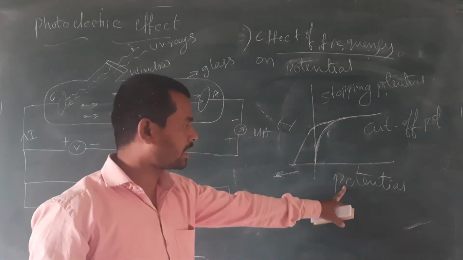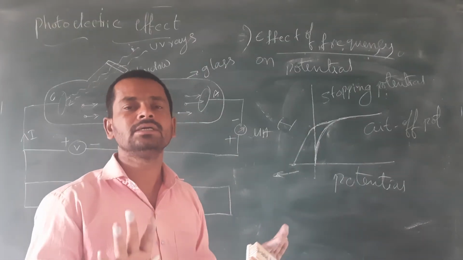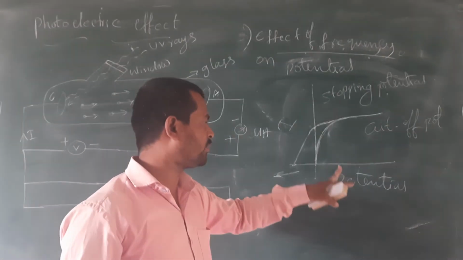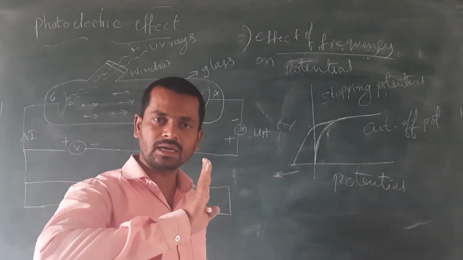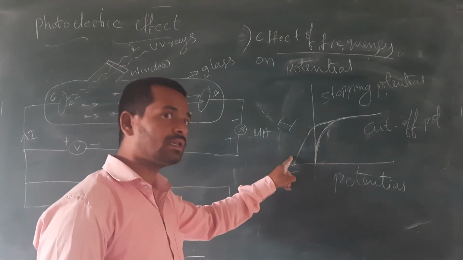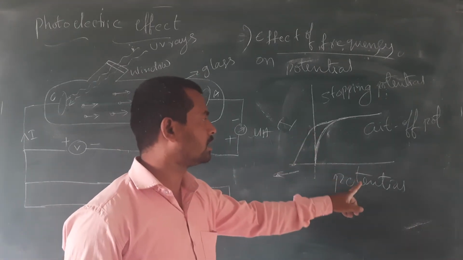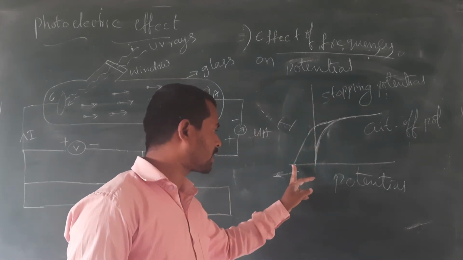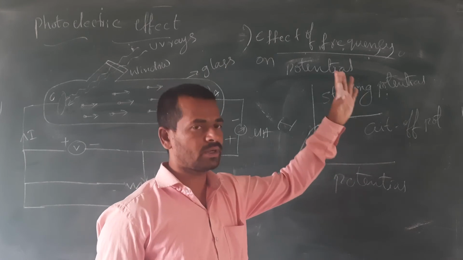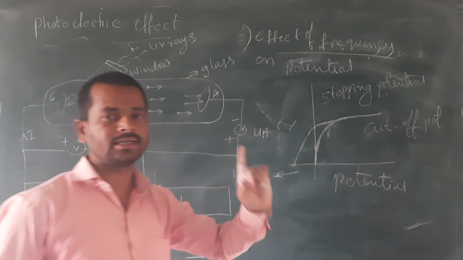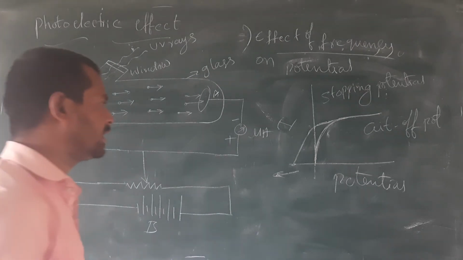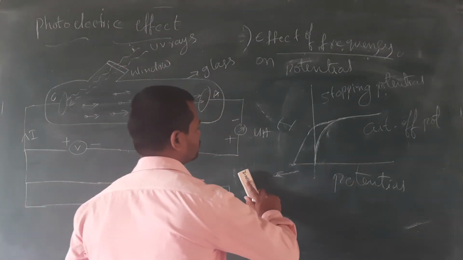That means current cannot decrease suddenly, current decreases slowly. Even though potential is zero, current cannot be zero. When you apply the negative potential, then at a particular value of negative potential, current will be zero. That corresponding negative potential is called stopping potential or cut off potential.